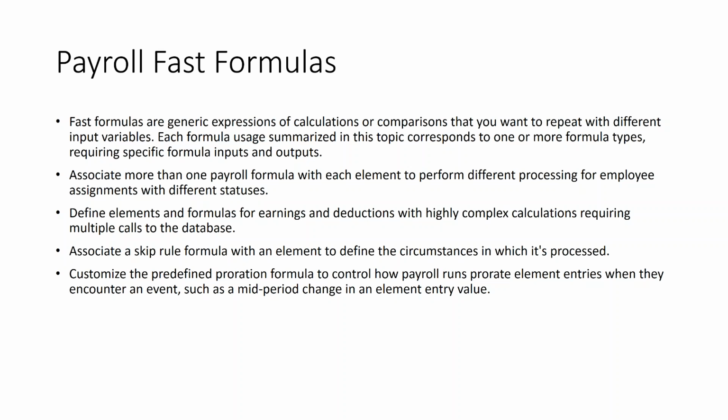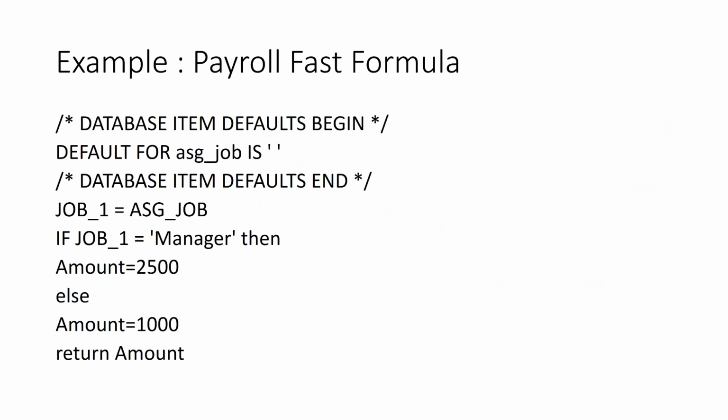But with the current release, we don't need to do that anymore. Okay. Now in the next slide, I have put just an example of a payroll fast formula. Now, a payroll fast formula works based on HR data items, which we call database items.